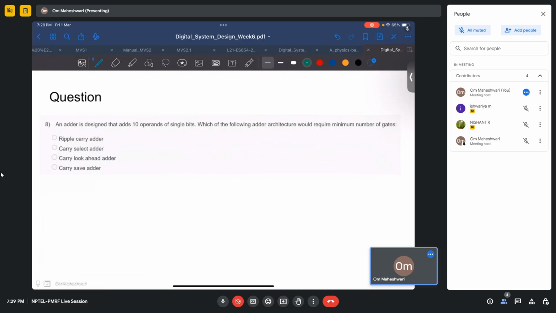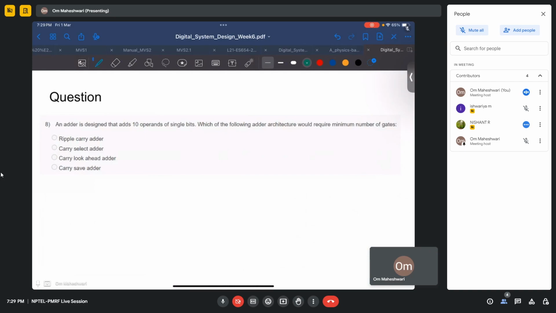An adder is designed that adds 10 operands of single bits. Which of the following adder architecture would require minimum number of gates? Is it carry save adders?